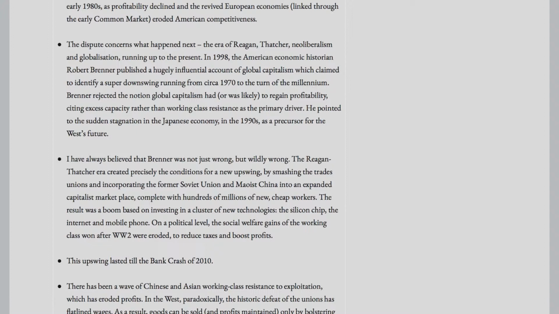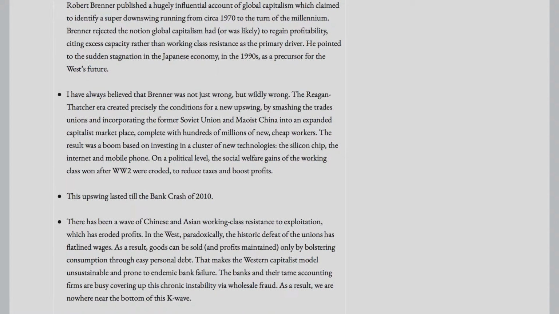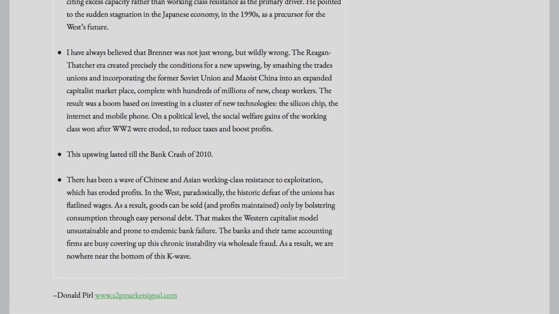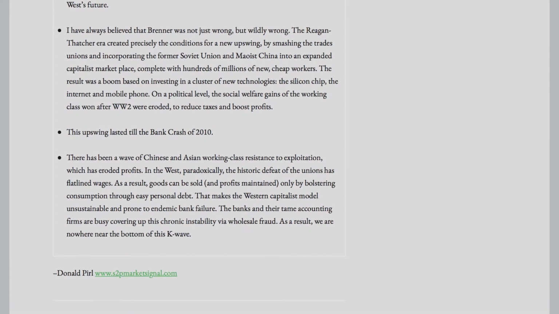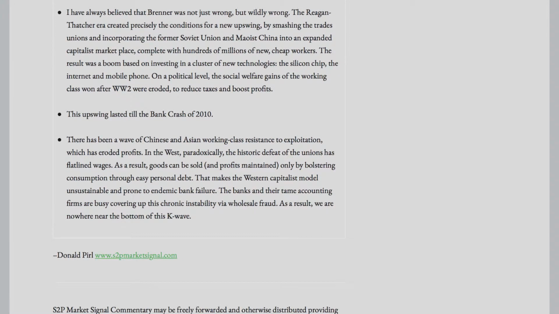Brenner rejected the notion global capitalism had or was likely to regain profitability, citing excess capacity rather than working-class resistance as the primary driver. He pointed to the sudden stagnation in the Japanese economy in the 1990s as a precursor for the West's future. I have always believed that Brenner was not just wrong, but wildly wrong.